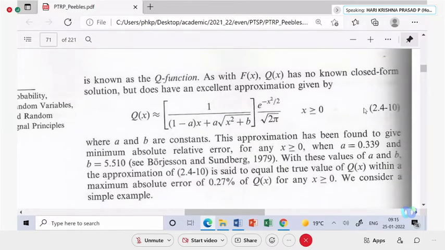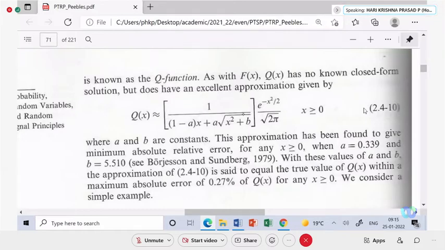So what this q of x in this expression says, e power minus x square by 2 by 2 pi under root, right? It is referring to Gaussian density function with 0 mean and variance of 1. It is to be scaled by this quantity.